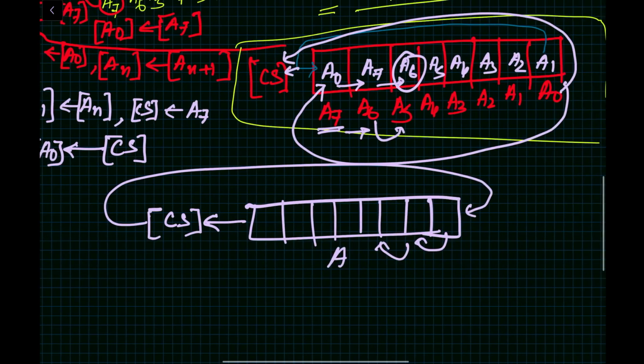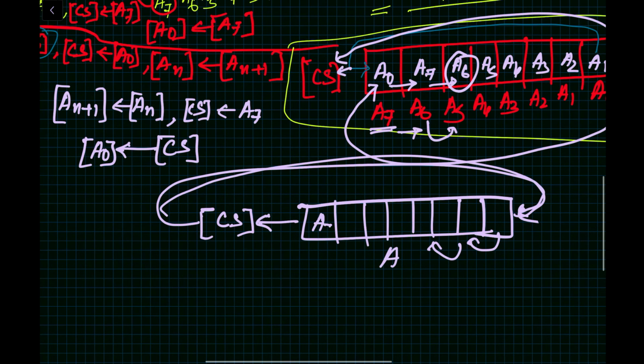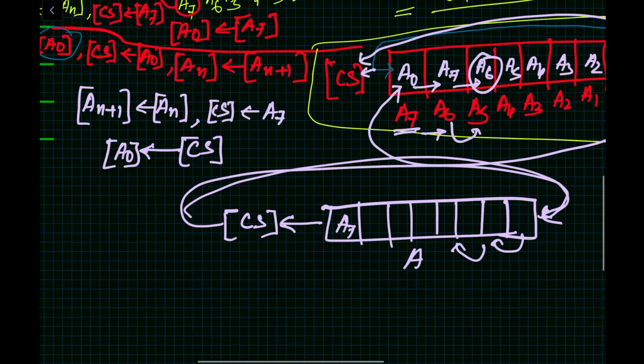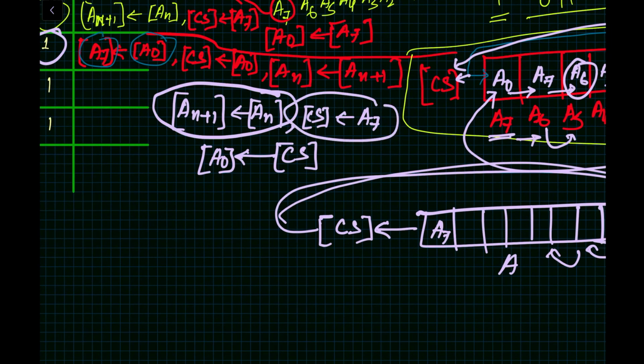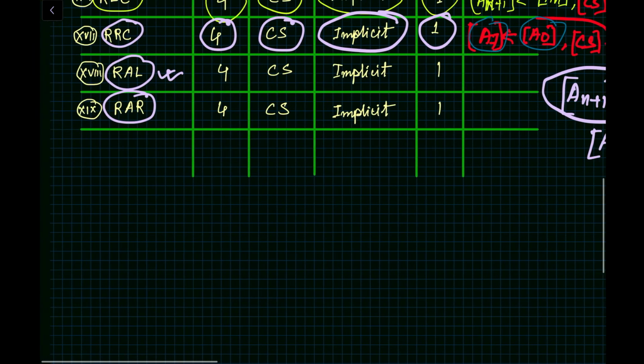Here you can see this carry status is coming here, and all these bits are shifted by one position. This A7 is coming to the carry status. So here we have written A7 is coming to the carry status. Here AN means the bit in that position will be shifted to the next higher position. So this is the RAL instruction.